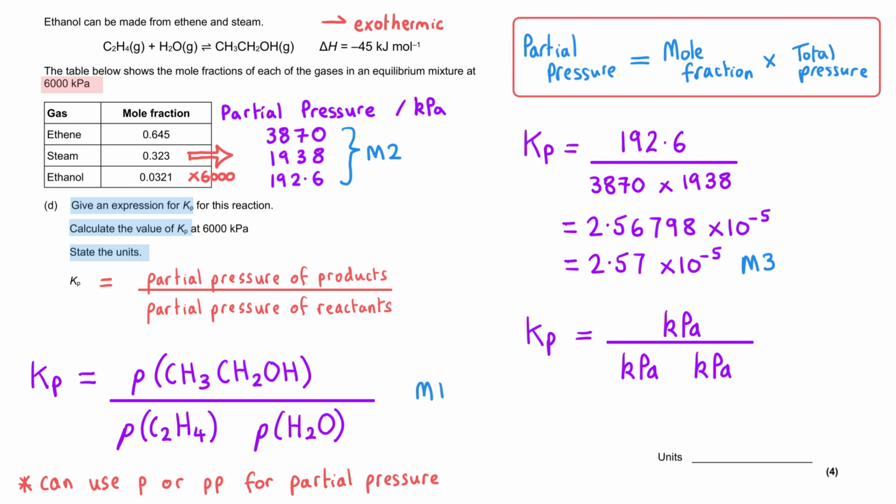And so because we have one term on the top and one on the bottom, those two can cancel out, and so we're left with the units of Kp being 1 over kilopascals. And we can't have a two-line fraction for our units, so we have to bring that kilopascals up to the numerator. When we do that, the sign of its power will invert, and so that gives us kilopascals to the minus 1 as our units for Kp. And this will be the fourth mark.